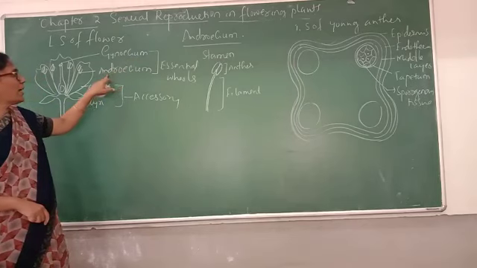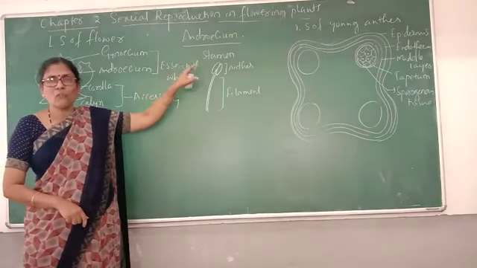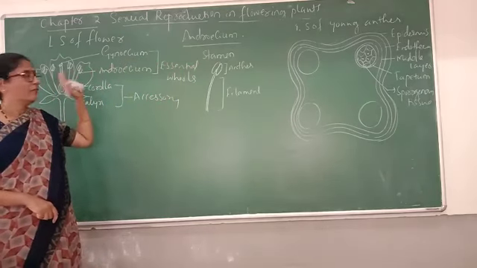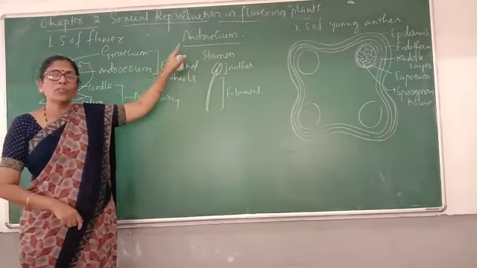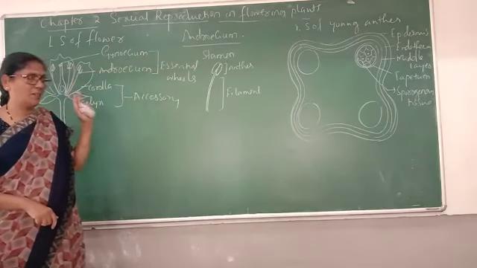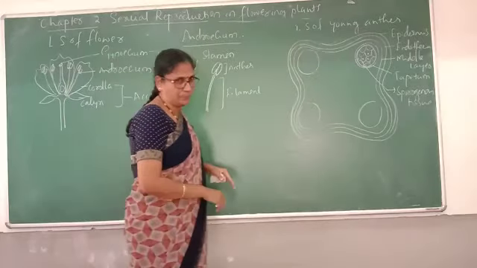We usually call the androecium the male reproductive structure of a flower, whereas the gynoecium is the female reproductive structure of a flower. Let us see the structure of an androecium.